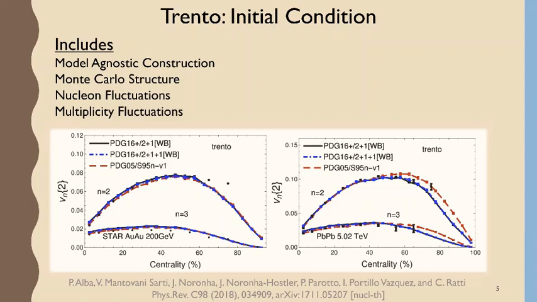All of this data is using the same initial conditions from Trento, so the same initial states, and then running them through different hydro parameterizations, which would be the black, blue, and red curves. And then the black points are the experimental data.